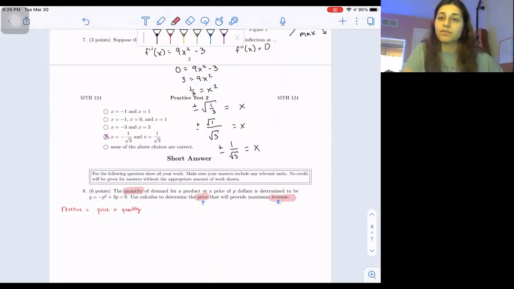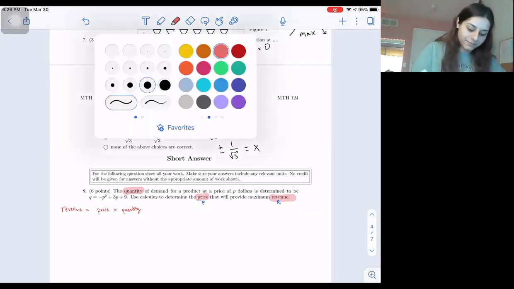This comes straight from your focus sessions. I don't know if you also did this in class, but definitely know this was covered on a focus session. Revenue equals price times quantity. It's probably in your best interest to memorize that. R equals P times Q. Another keyword is maximum.